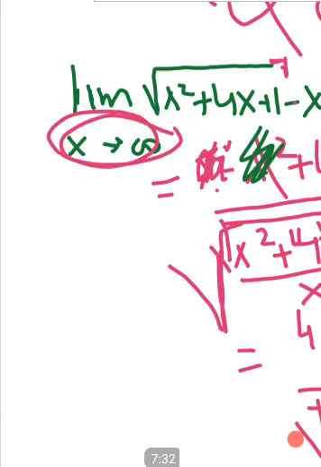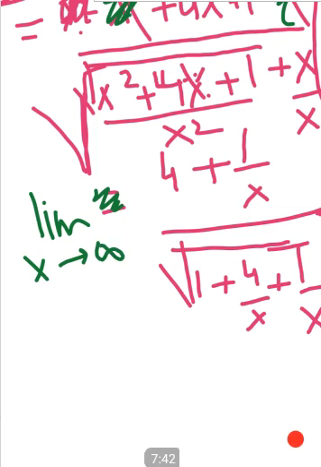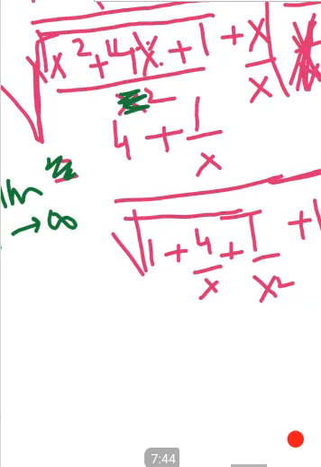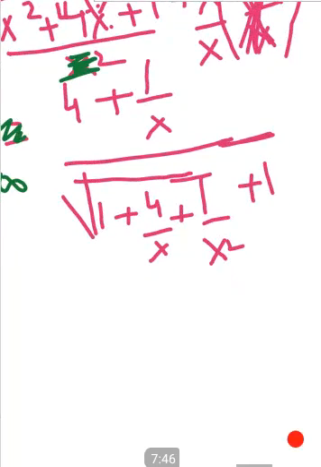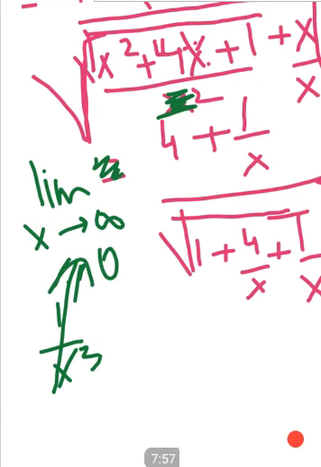Limit, x approaches infinity. Whenever x approaches infinity and x is in the denominator, say 1 over x or 1 over x square, 1 over x cube, then this tends to 0.